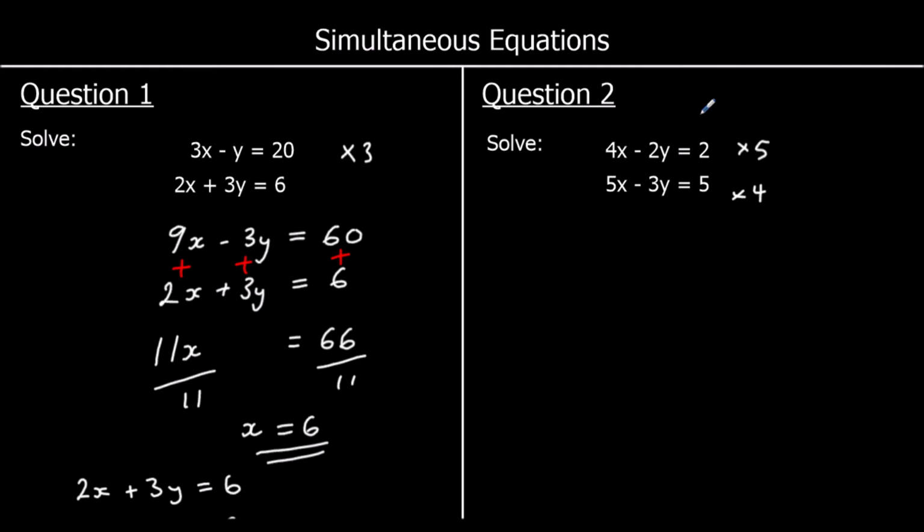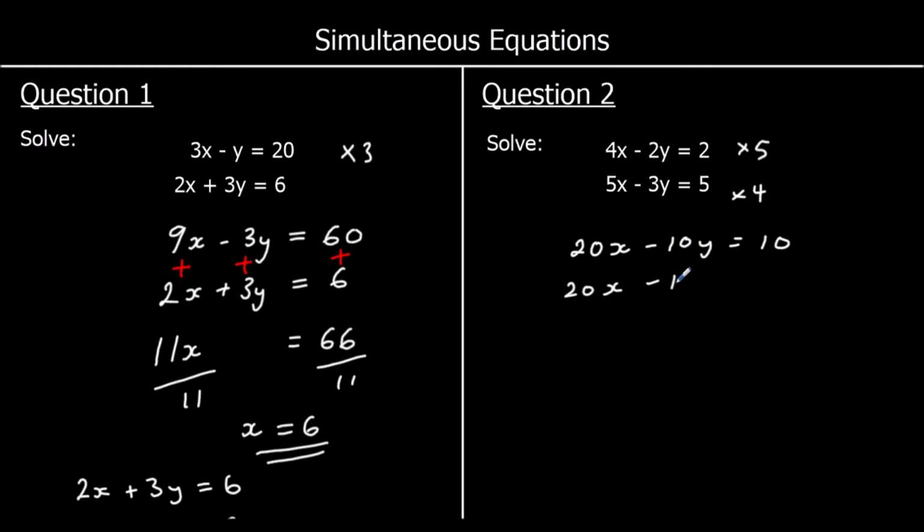I'm just going to make the x's the same. So I'm going to multiply every term in the top equation by 5. So 4x times 5 is 20x. 2y times 5 is 10y. And 2 5's are 10. And the bottom equation, 5 4's are 20. So the x's are the same.